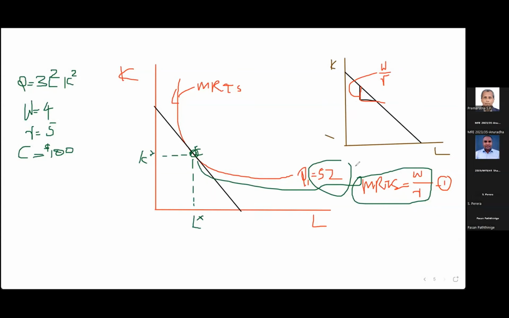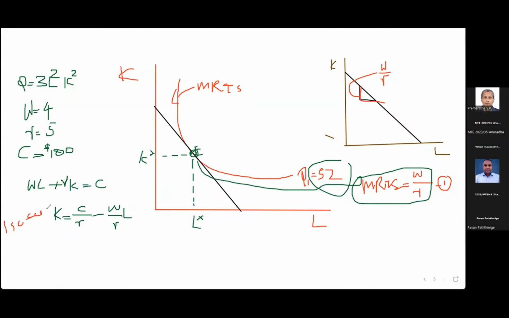Later on, I will discuss more about the isocost line. It is like the budget line in consumer theory: WL plus RK equals C. With that, you can rearrange this to K equals C divided by R minus W divided by R times L. Now you can see this is the isocost curve, and it shows you the allocative efficiency.